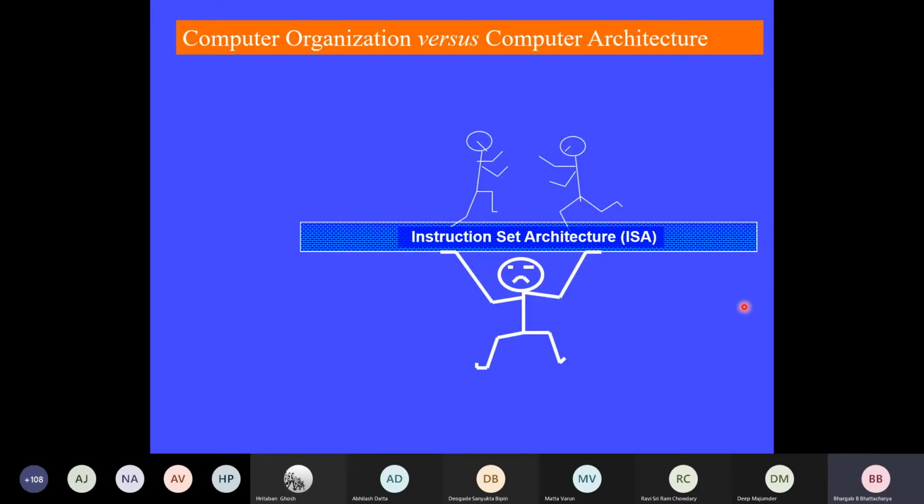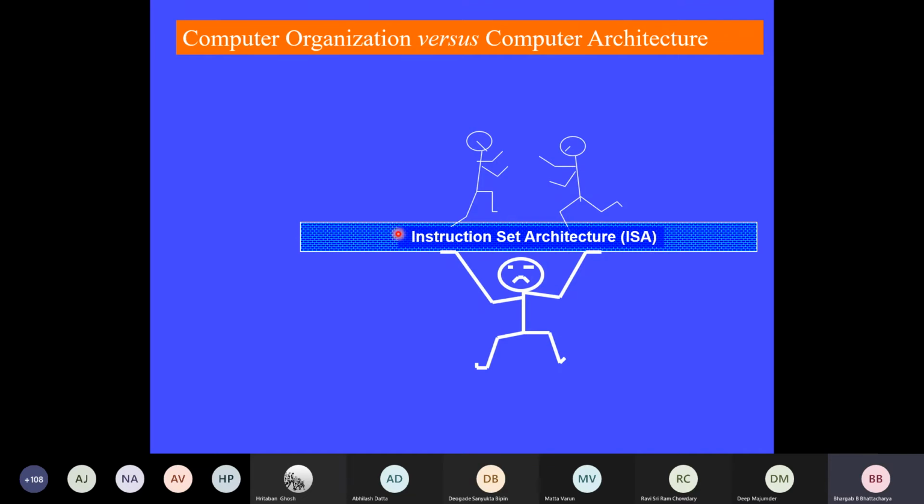So now we are addressing the issue of computer organization and architecture. Here, as you can see, this strong gentleman represents the hardware, all the hardware resources. Once the hardware is designed, it supports an instruction set.